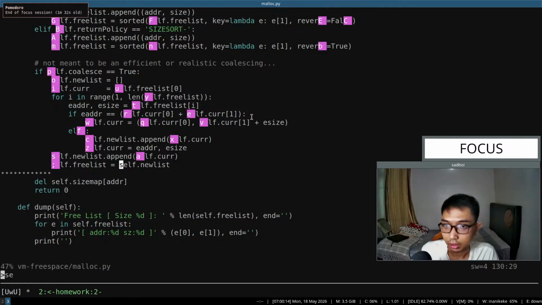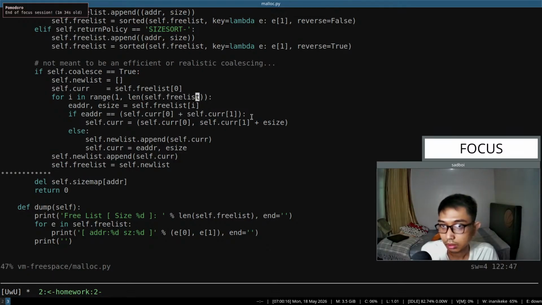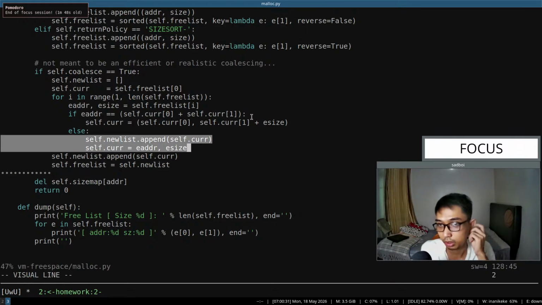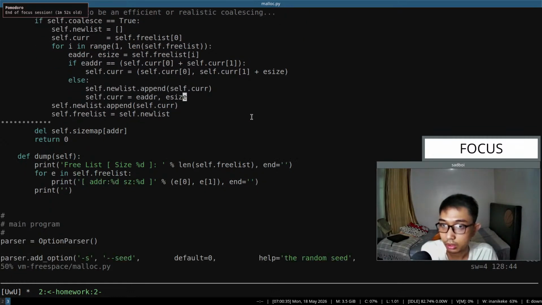The lane. Okay. New list append. Interesting.